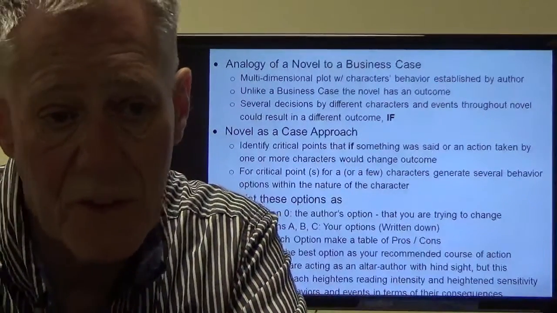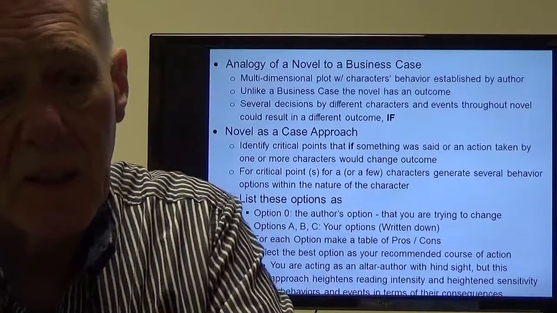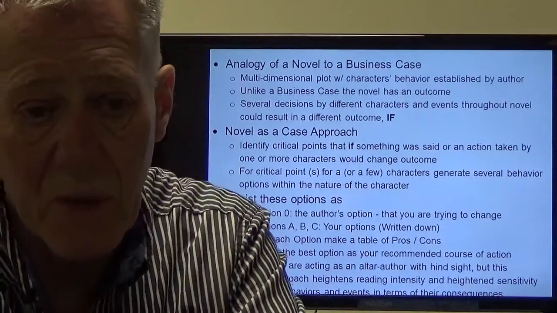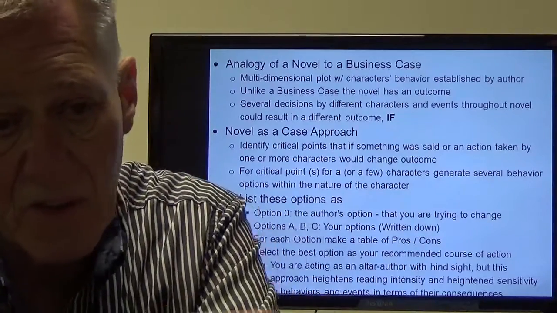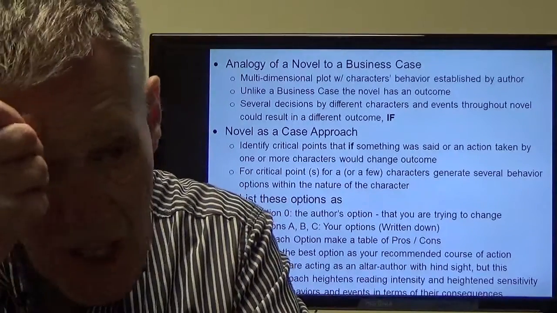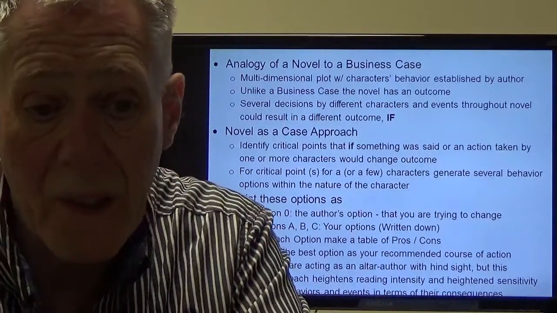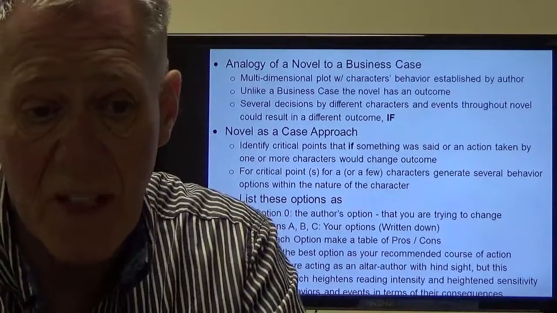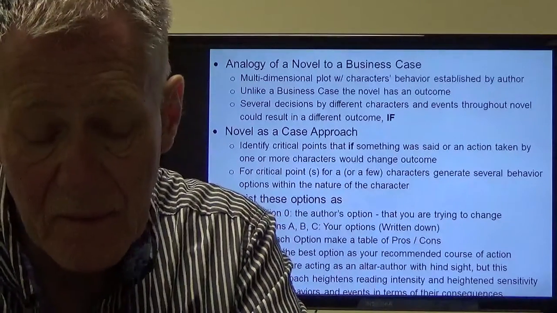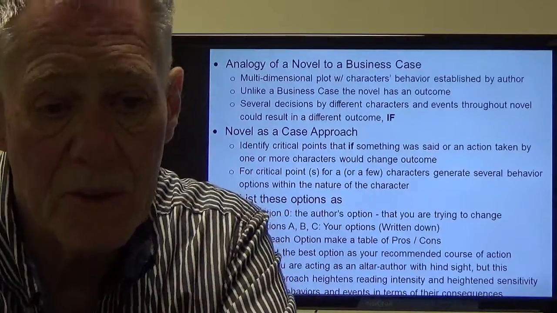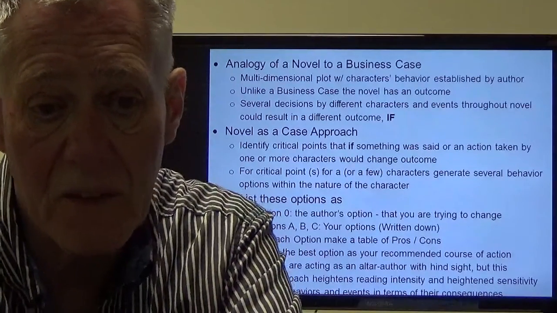So you list them down below here: option 0, which is the author's one, and that's what you're trying to change, and then the various other options. For each option, you would write down the pros and cons. When you've got them all written down, you would select the best and recommend that as a course of action.